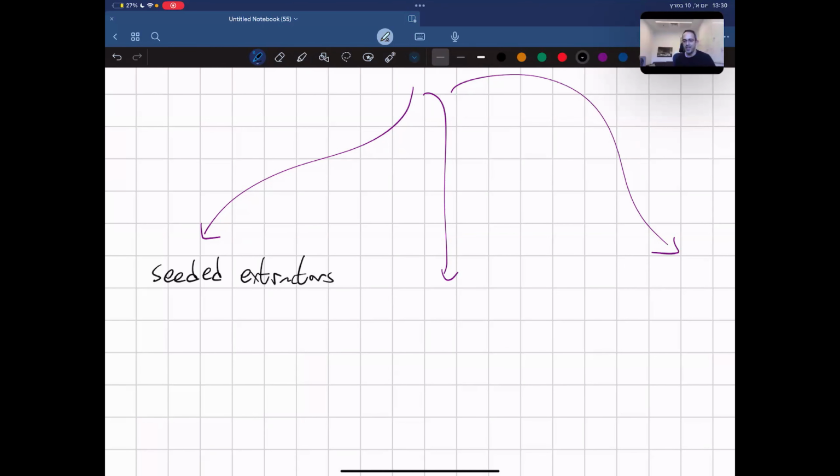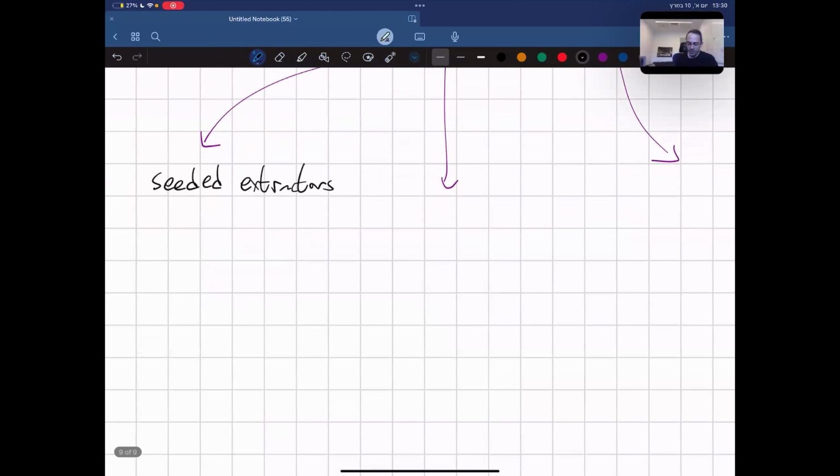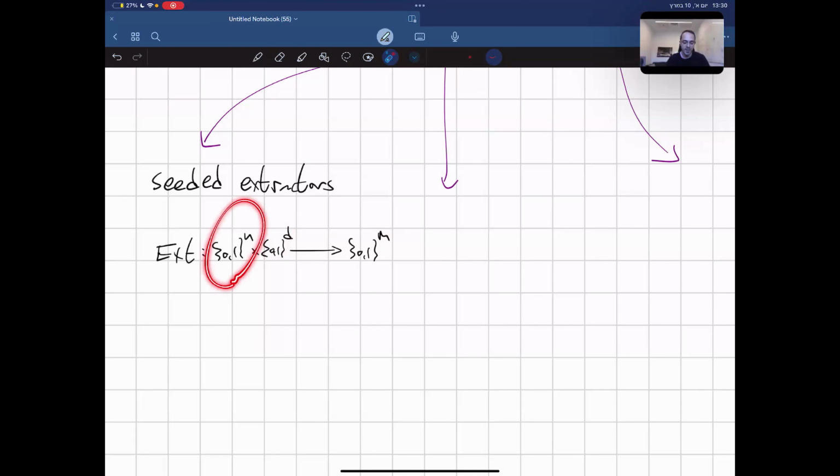So what are these? Seeded extractors are extractors as we had before, but now they also get a seed. And by a seed, I mean you get some extra bits of randomness, few bits of randomness that are uniform and independent of the sample that you're getting.